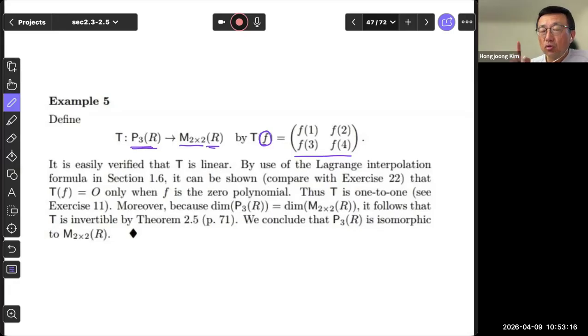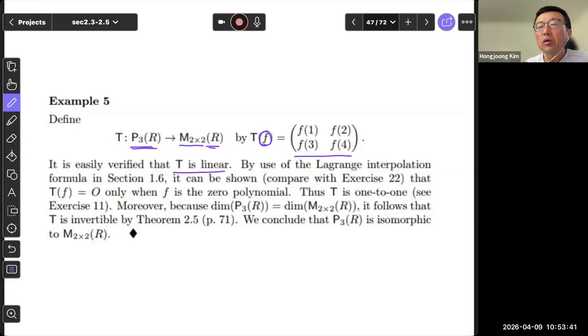Then you can show that this is a linear mapping. Now, I said an invertible linear mapping is an isomorphism. And if this T is an isomorphism, then P3 space and M sub 2 by 2 will be isomorphic.